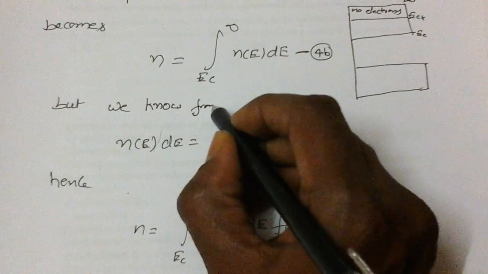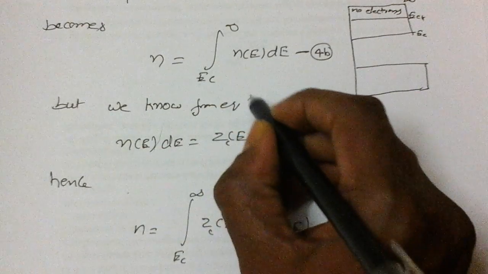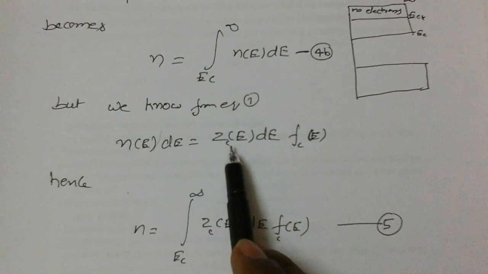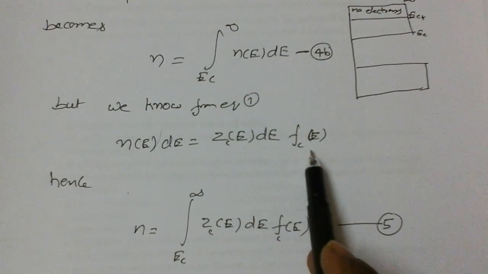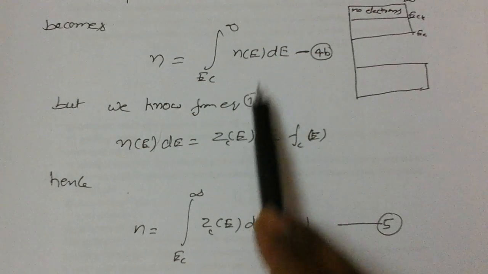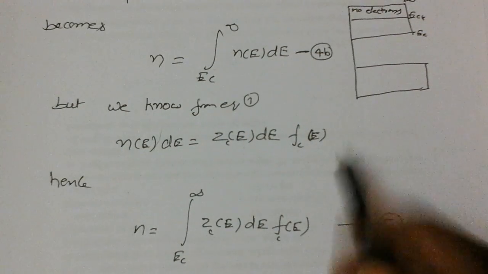From equation 1, n(E) dE is equal to Zc(E) dE Fc(E).